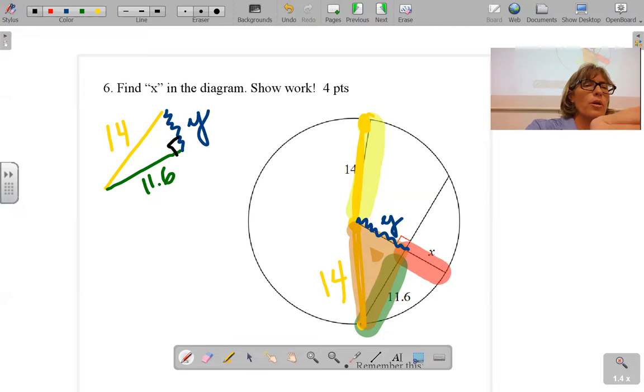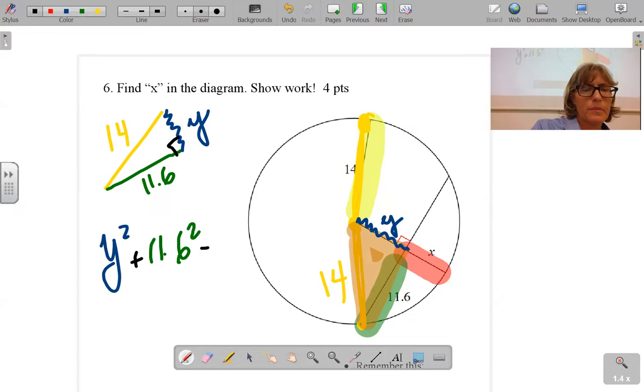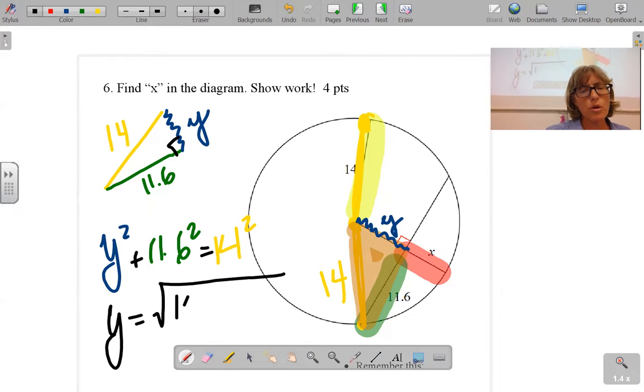And Pythagorean Theorem, leg squared plus leg squared equals hypo squared. So I'm going to have y squared plus 11.6 squared equals 14 squared. If I were to solve for y here, y is going to equal giant square root of 14 squared minus 11.6 squared.